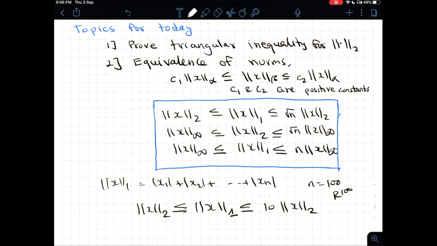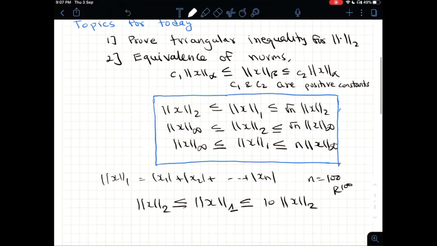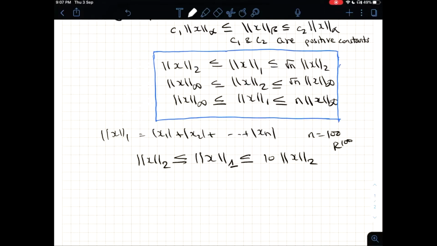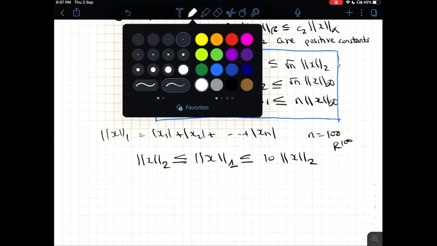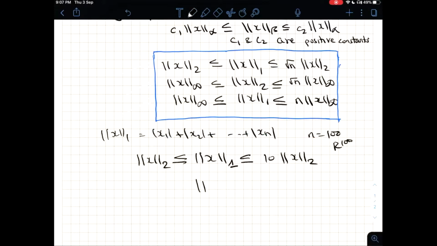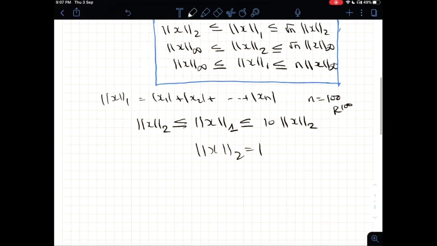On the upper side, however, for example, if the second norm of x is 1, so it is a unit vector in the second norm, then in the first norm it could be as much as the square root of 100, which is 10 times 1.